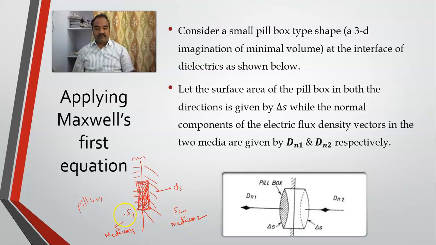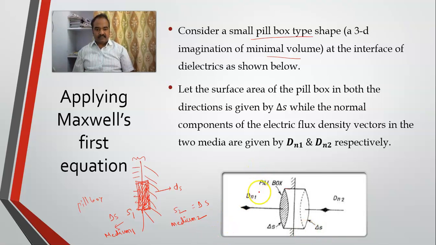And both will be equal. I'm considering this surface as delta S and this is also delta S. And there are no other surfaces. That's why I'm considering it as a small pillbox type structure, a three-dimensional imagination of a minimal volume at the interface of the dielectrics. So this is my three-dimensional one. This surface area is delta S and this is delta S.